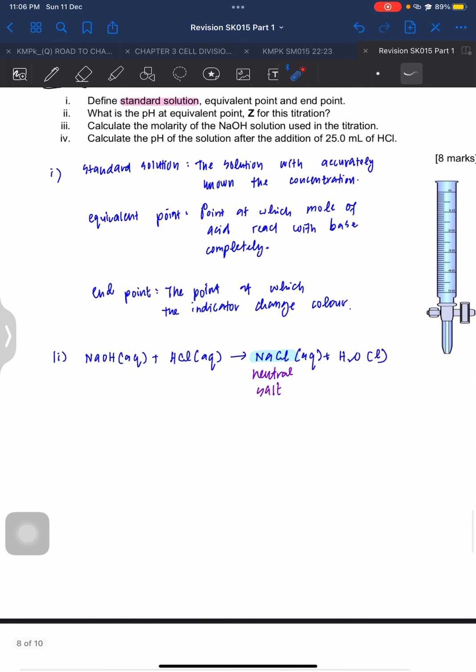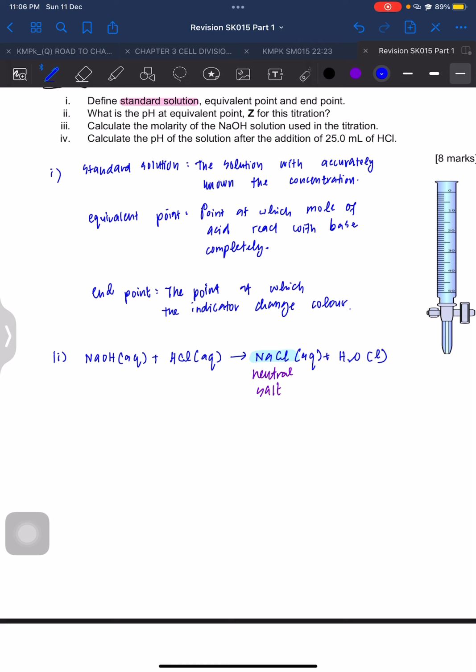And how about, for example, HCl, the strong acid, reacting with ammonia, which is a weak base, so it will produce the acidic salt. Okay, another example, sodium hydroxide, which is a strong base, will react with ethanoic acid, so it will produce a basic salt.